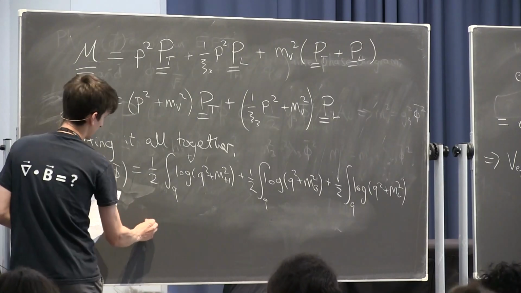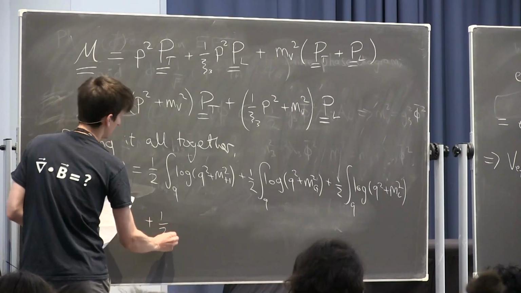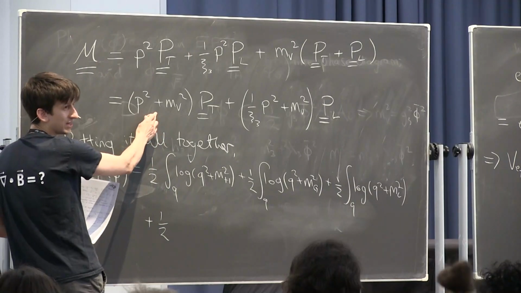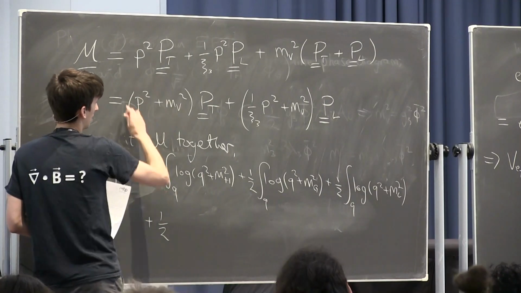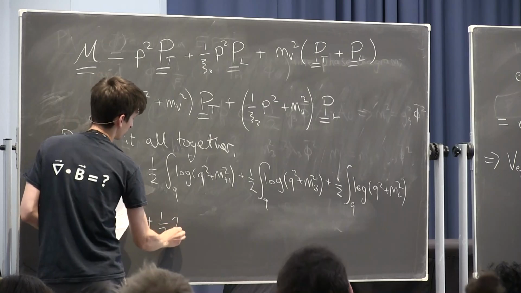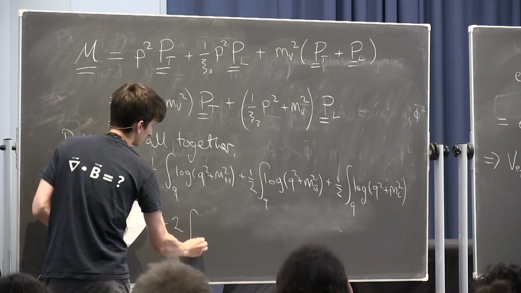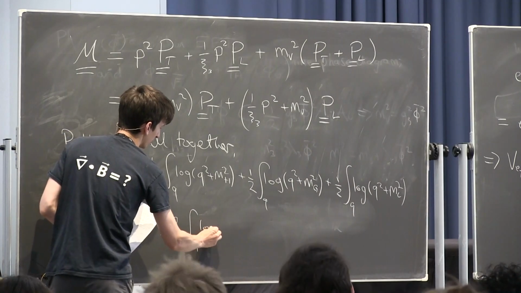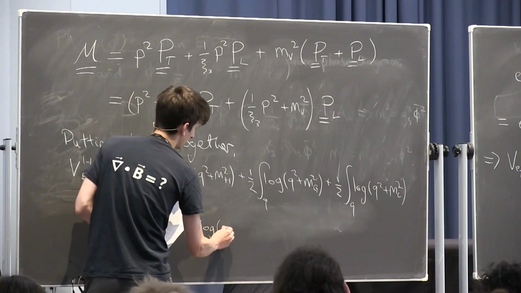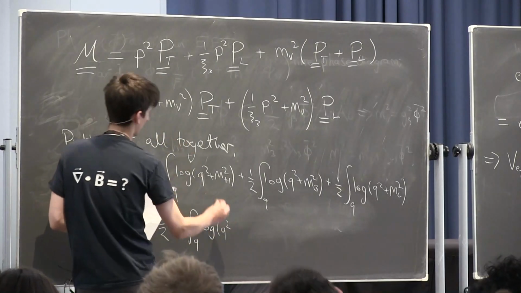And now come the gauge fields. The multiplicity of this eigenmode is 2. There are 2 of them. So we just straightforwardly get 2 times the log of q squared plus m_V squared.